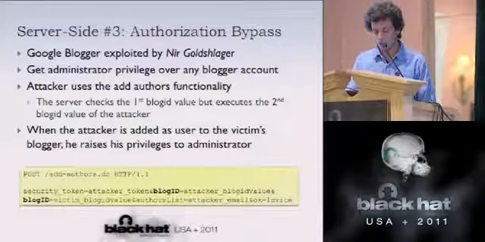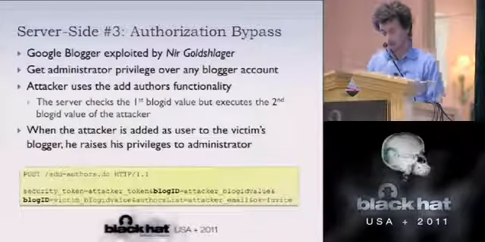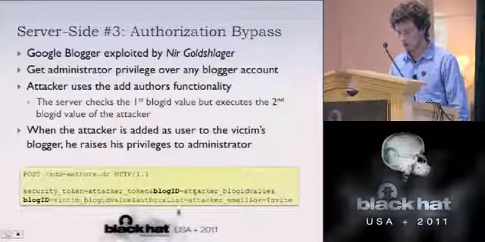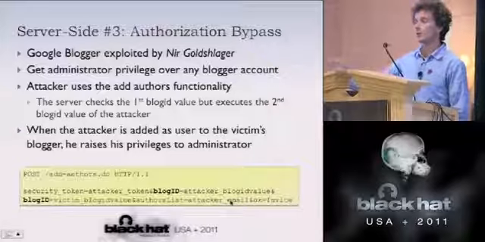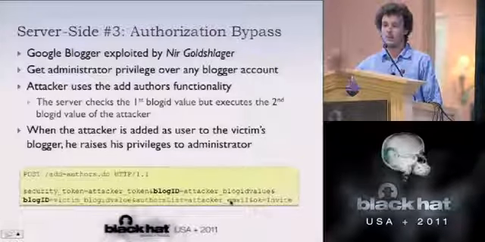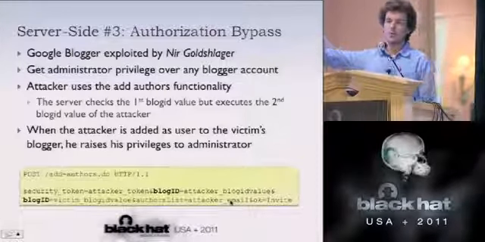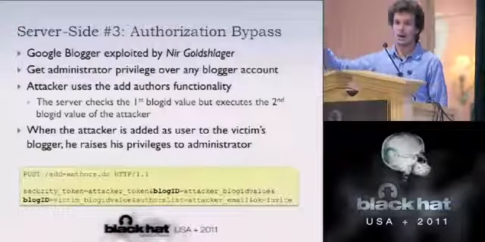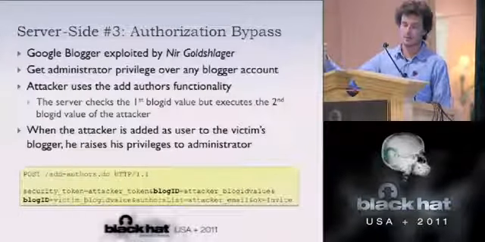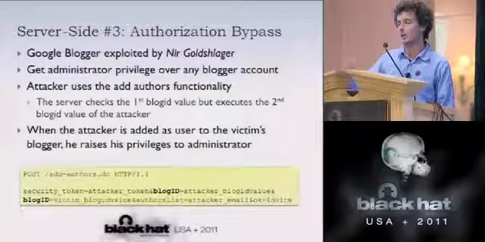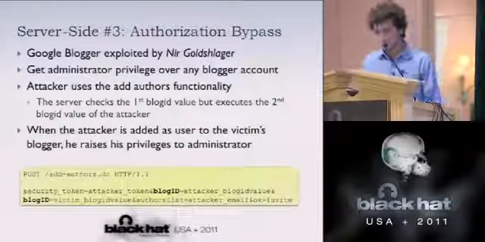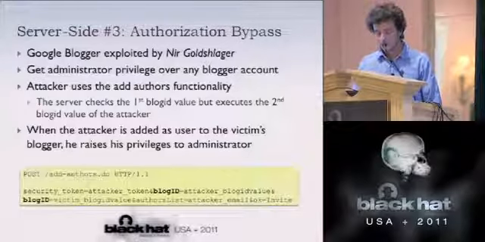Here you have to see you have an email address, the attacker email, in this author list parameter. In this example, it was enough to add the email address of the attacker, and then the attacker would receive an email saying, hey, this user wants to add you as author of this blog. You just say okay, and you become author, and then you can do privilege escalation and become actually administrator of a blog.